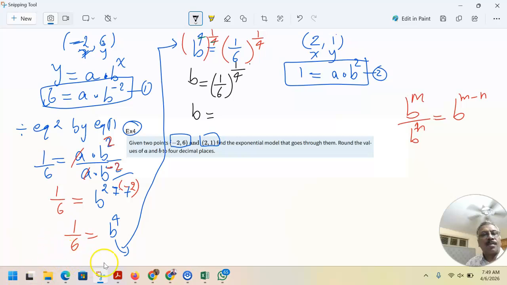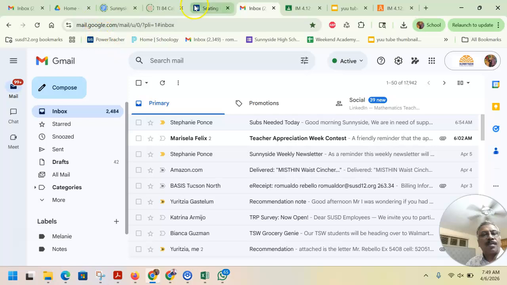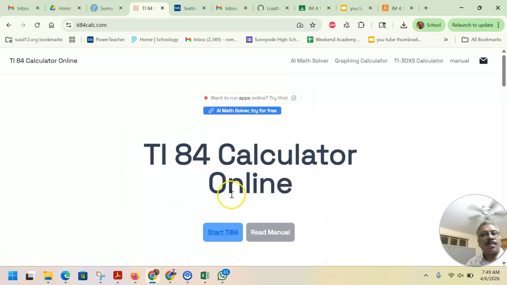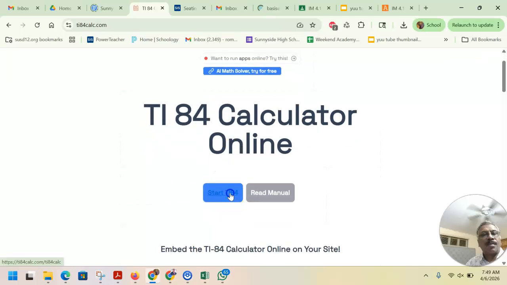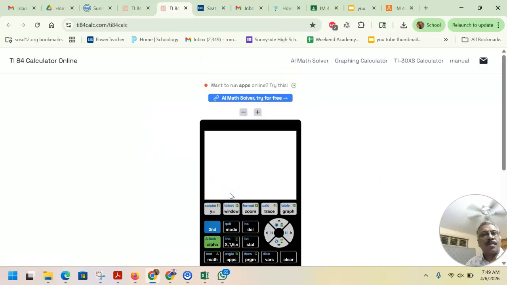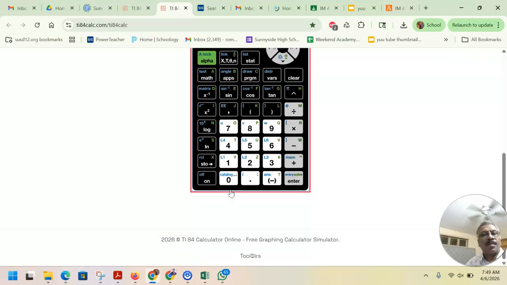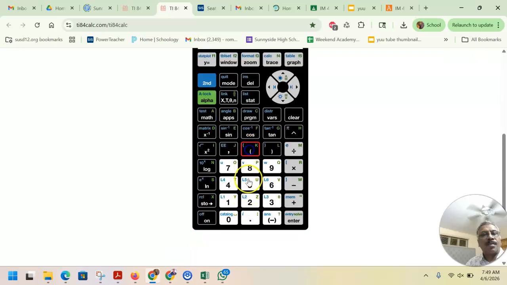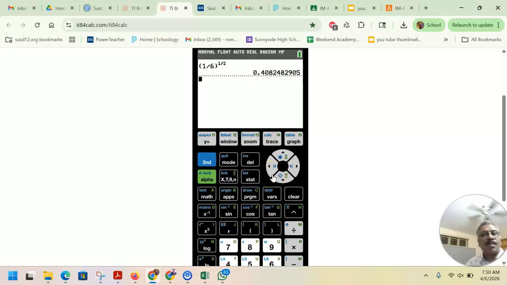So this is what you have to plug into the calculator. Let's put it on the calculator. So 1/6. So put parenthesis 1 divided by 6. Close it. Go up, and it is 1/4. So 1 divided by 4, and then enter.